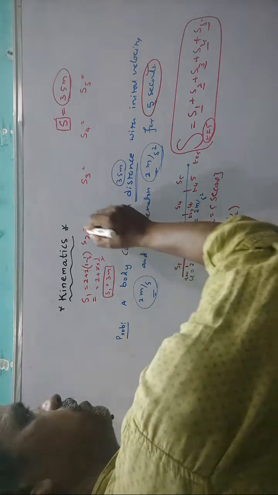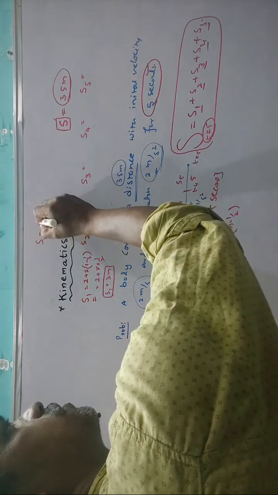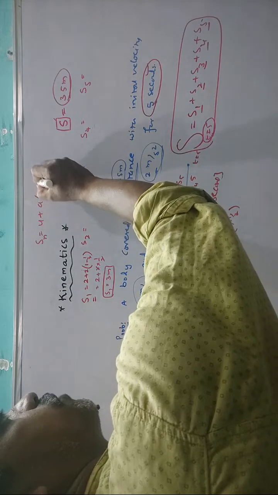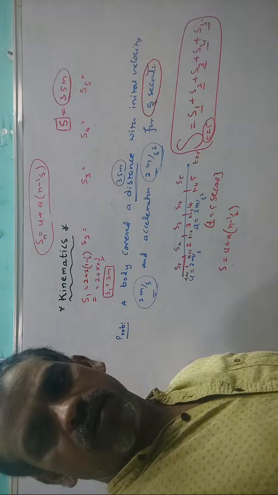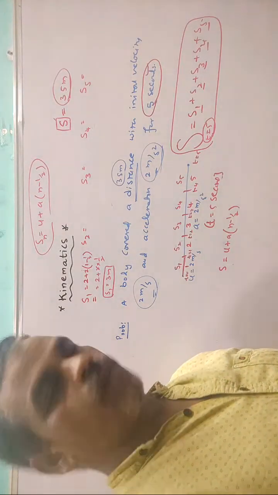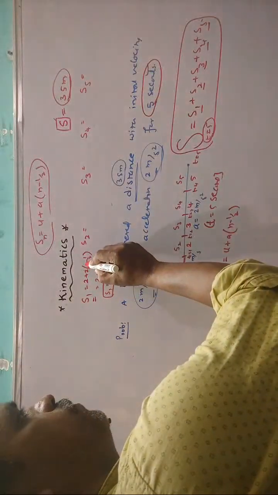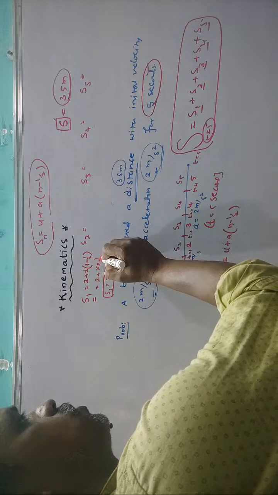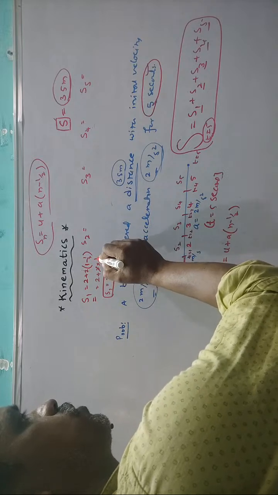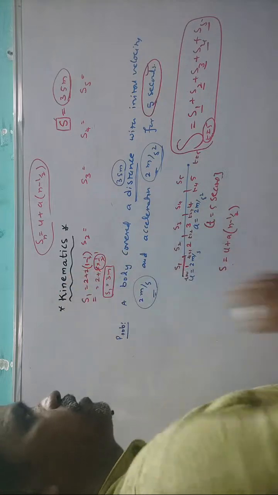Then like that you calculate using the formula for the n second displacement, u plus a of n minus half. Here 2 plus 2 into 1 by 2, which is 1, so 2 plus 1 equal to 3 meter.